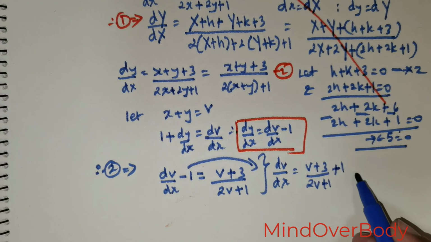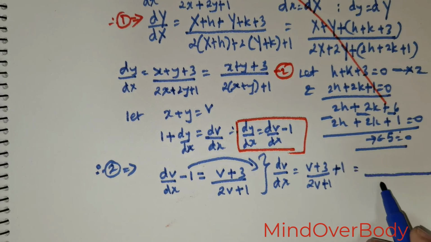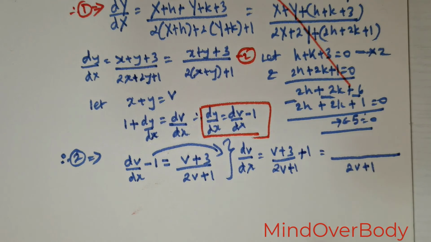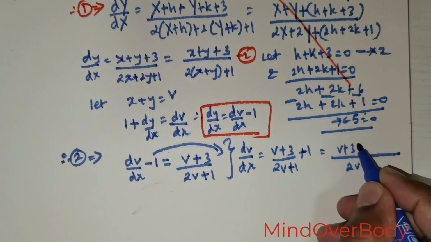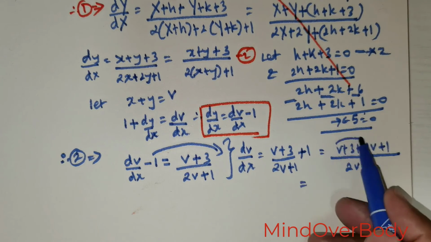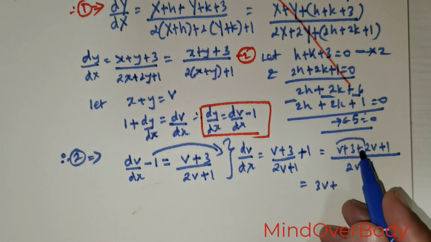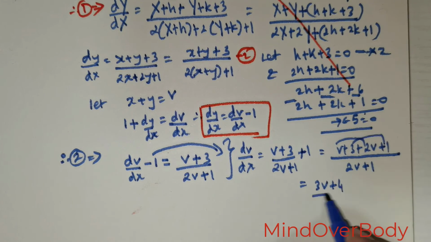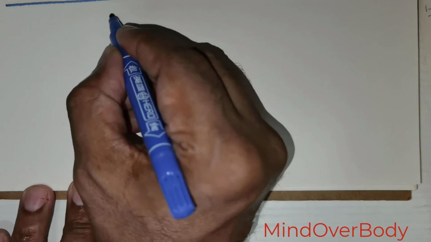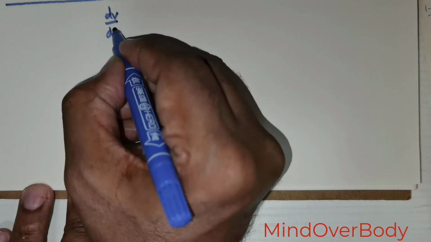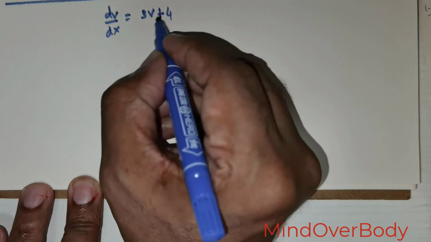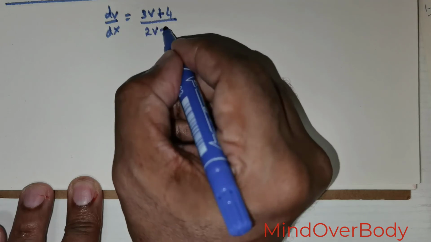I can take the LCM as 2(v + 1) and that would give me v + 3 + 2(v + 1), which can be added giving me (3v + 4)/(2v + 1). So now we have dv/dx equal to (3v + 4)/(2v + 1).